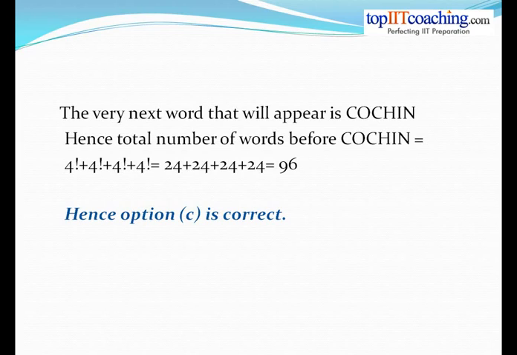So the total number of words before COACHING is equal to 4 factorial plus 4 factorial plus 4 factorial plus 4 factorial, and that is equal to 24 plus 24 plus 24 plus 24, which is equal to 96, because 4 factorial is equal to 24. Hence the correct option is C.